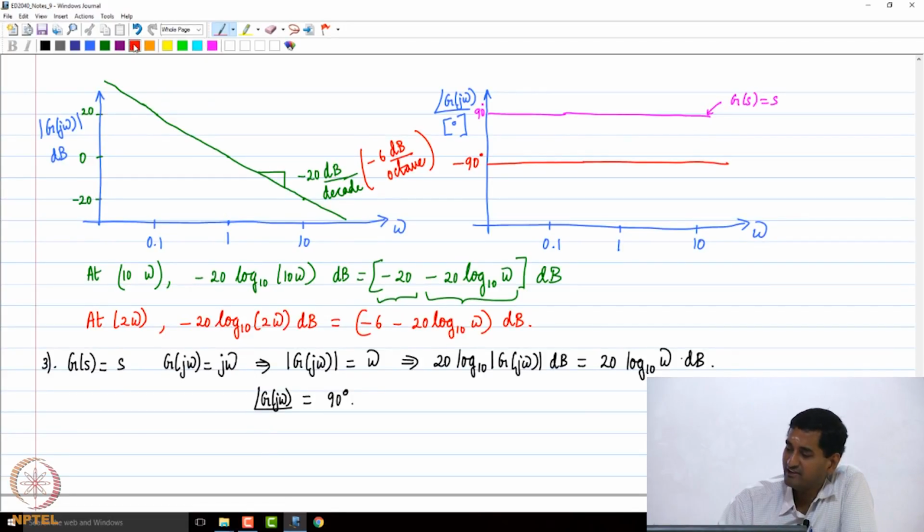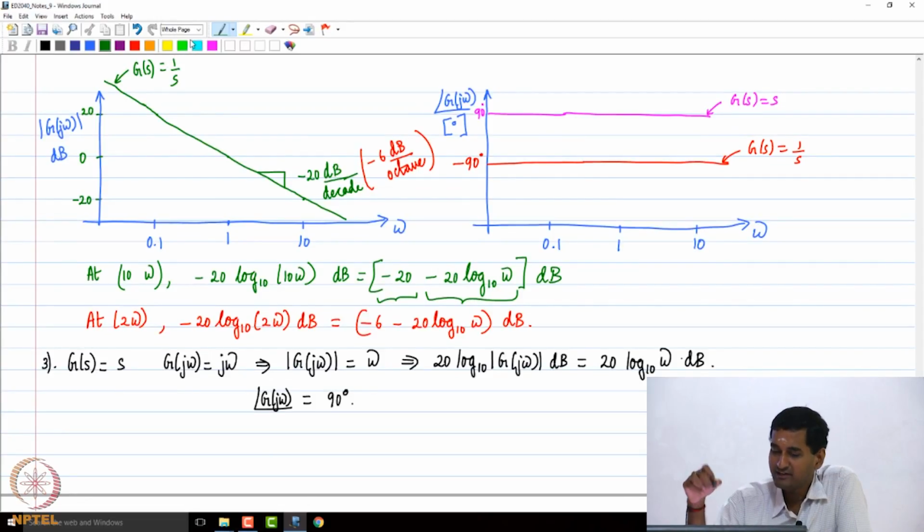Okay, this was for the factor g of s is equal to 1 by s, right? So let me write down this. This is for g of s equals 1 by s. Now how will the magnitude plot look like for s? So that's 20 log omega, right? At omega equals 1, once again we are going to have 20 log 1 to be 0.